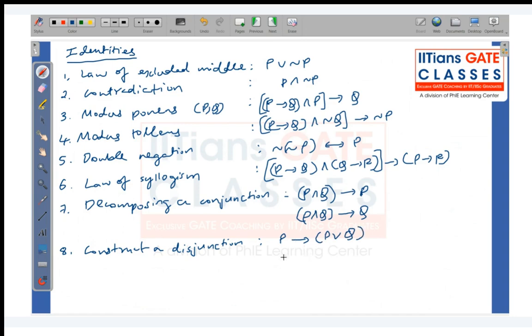It is still going to be true. Same with Q. Q will imply P or Q. Are all these identities clear? Decomposing and constructing? Writing the expression is one thing, the logic behind it.